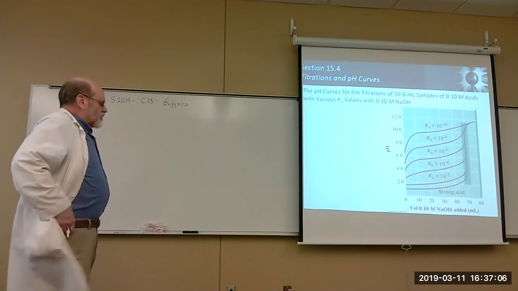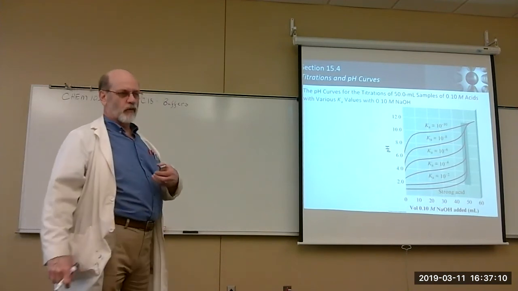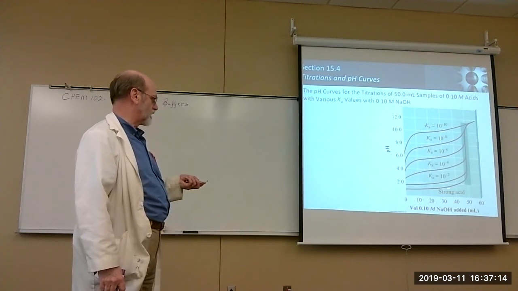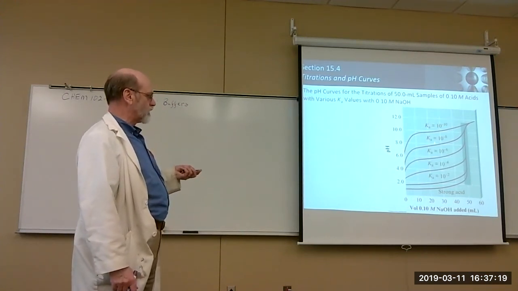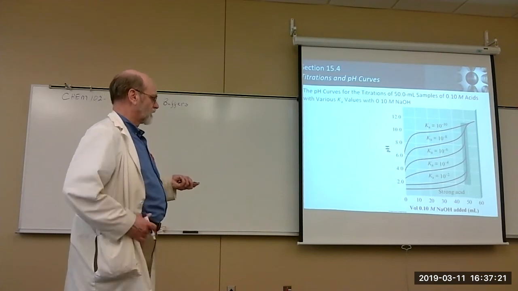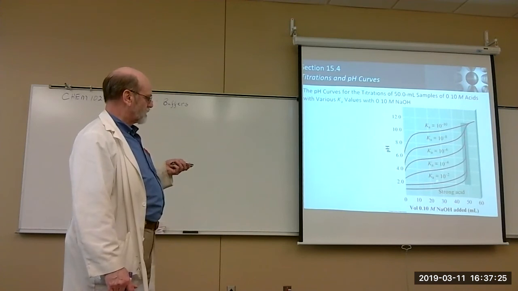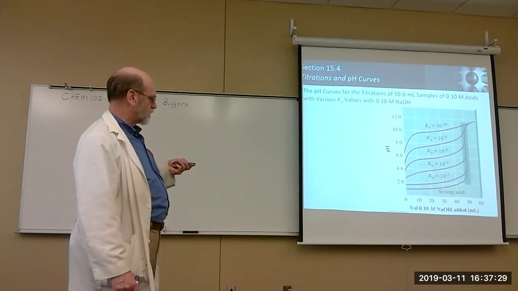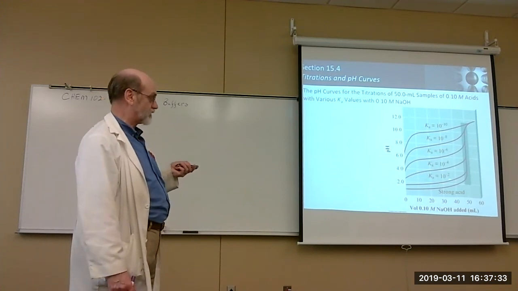So these are various theoretical weak acids, plus one strong acid, and weak acids with various Ka values. This is just illustrating the fact that the pKa for this one would be exactly 2.